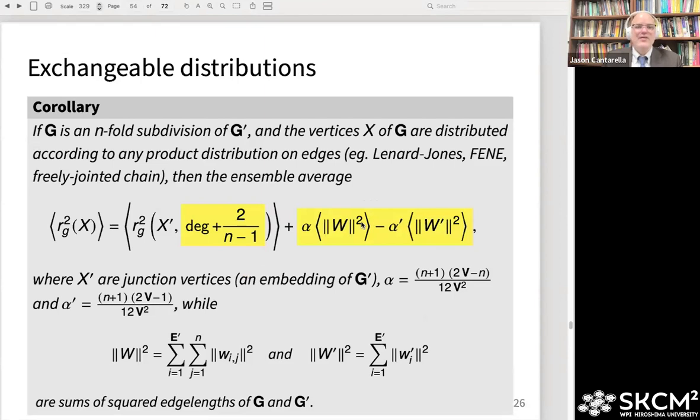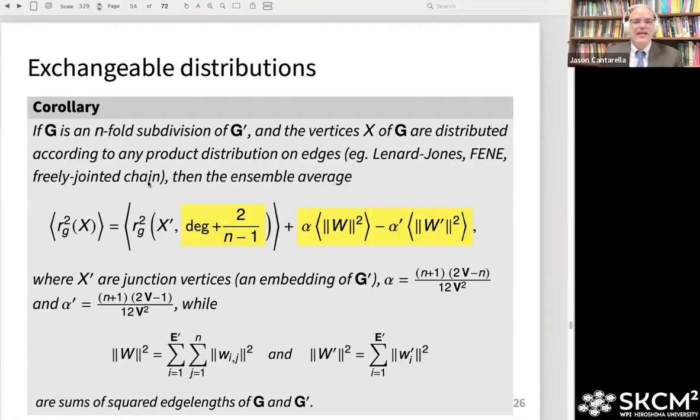Okay, here's the chemical consequence of this. Suppose the monomers are distributed not according to a Gaussian distribution, but according to something more realistic, like a Lennard-Jones potential or the FENE potential, or they're a freely jointed chain.